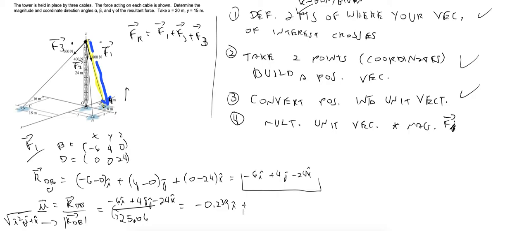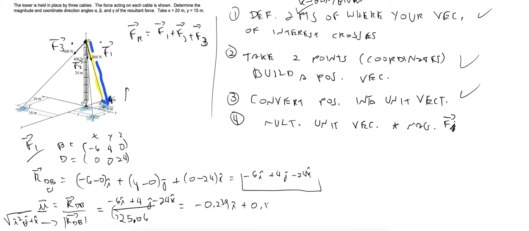Hold on, it's not 48. Where did I get the 48 from? It's just 4, guys, sorry. I counted it as 48 because of my terrible handwriting. Divided by 25.06, this makes a lot more sense.